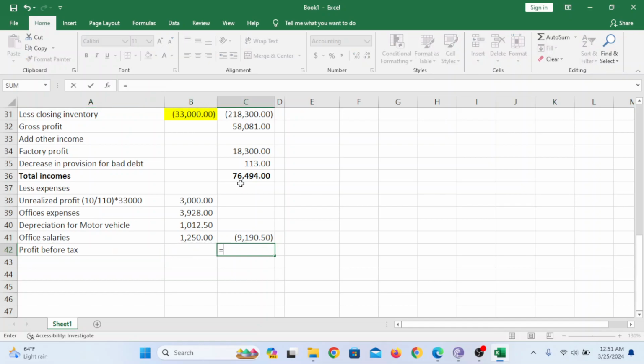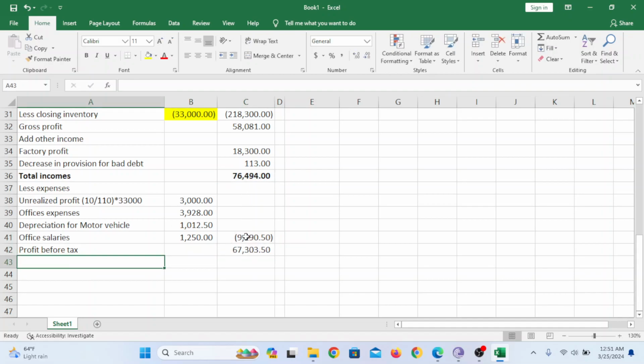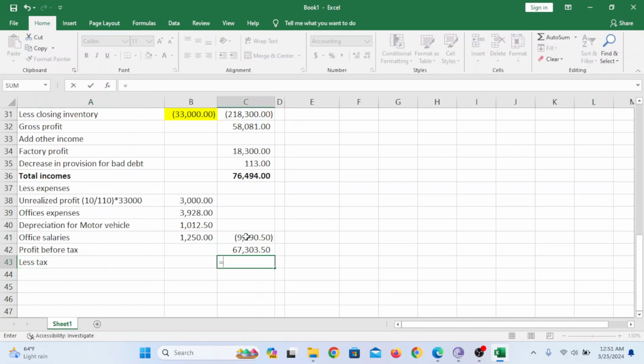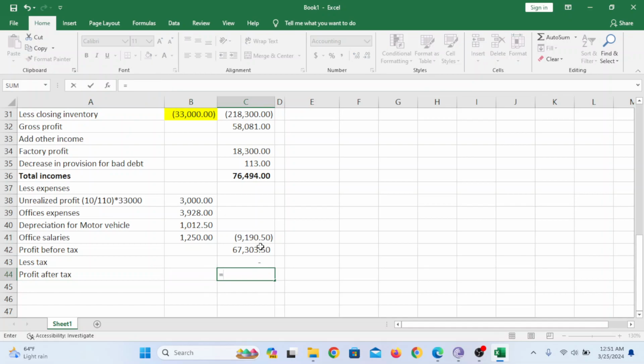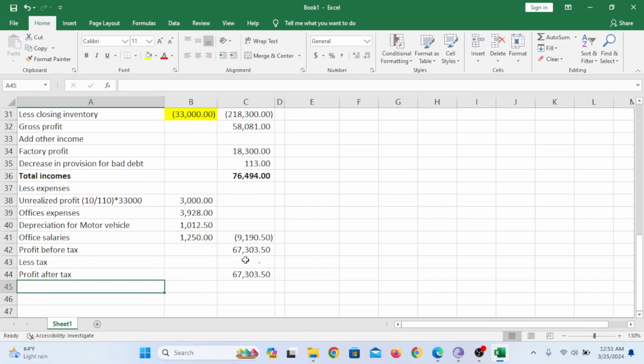That is the total income minus expenses. Then we need to less tax. Tax we've not been given, so we assume it's 0. Then you get profit after tax.